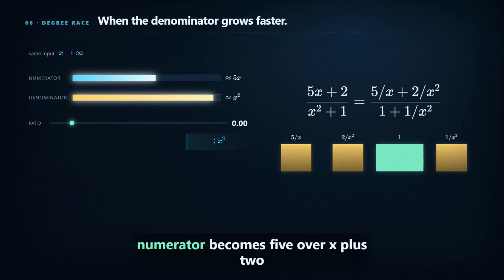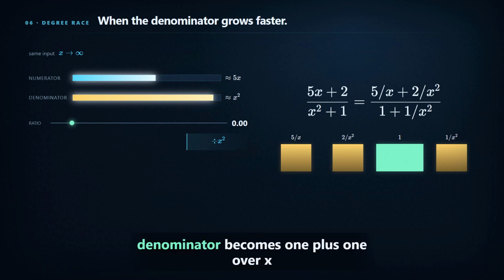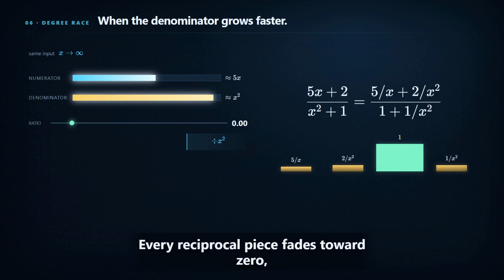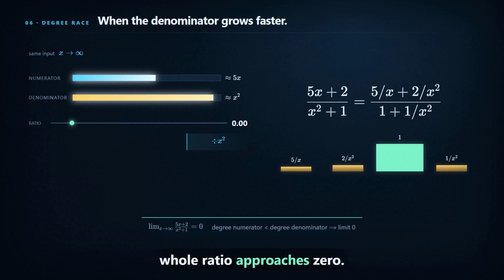The numerator becomes 5 over x plus 2 over x squared. The denominator becomes 1 plus 1 over x squared. Every reciprocal piece fades toward 0, leaving 0 over 1. The whole ratio approaches 0.